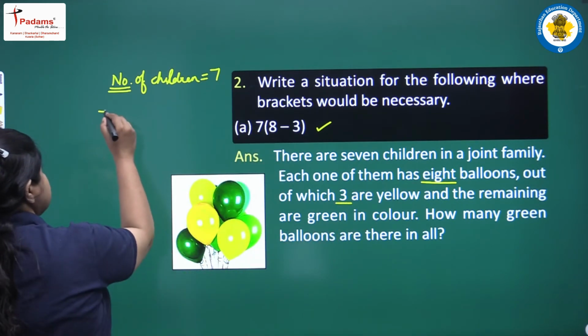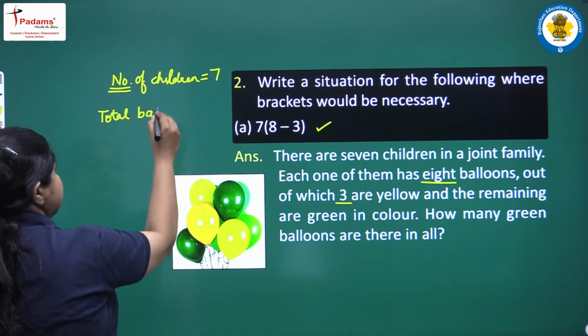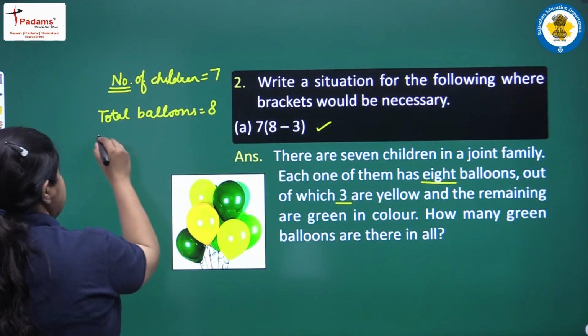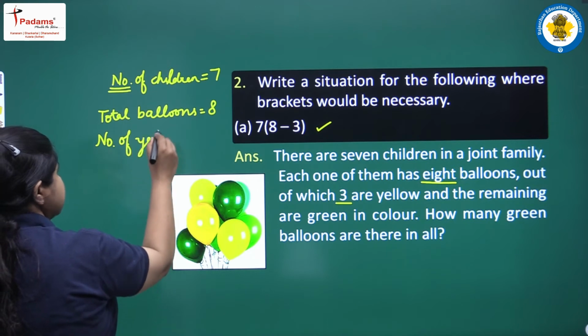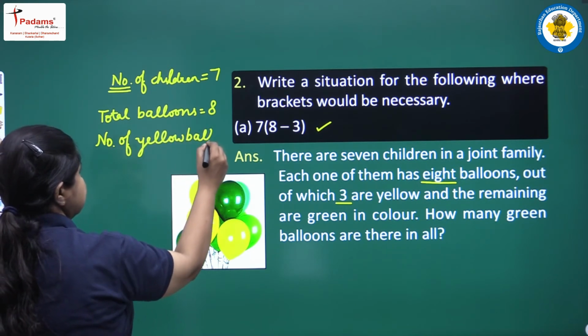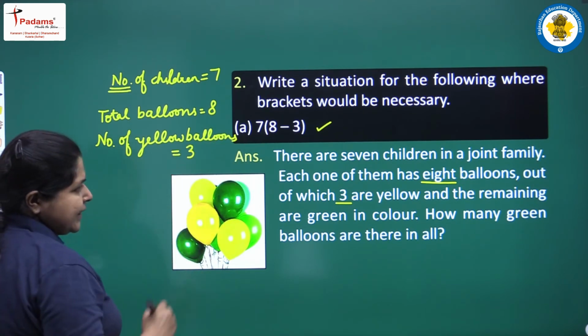So, total balloons are 8 and the number of yellow balloons is 3.